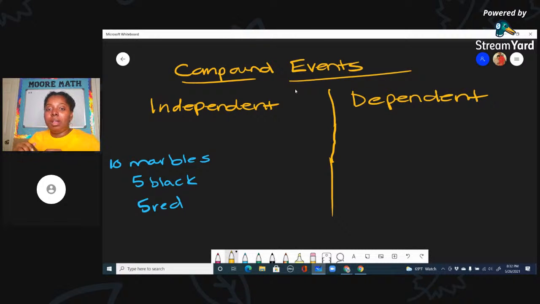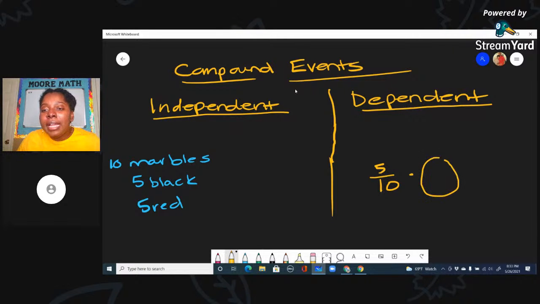Dependent. Okay, why do you say dependent? So first, what is the probability of me getting a black marble? 5 out of 10, okay? Now, the second time, is what I get here dependent on what happened with the first pick?